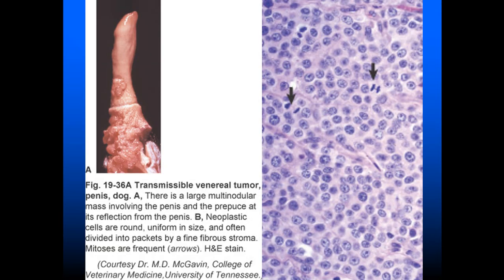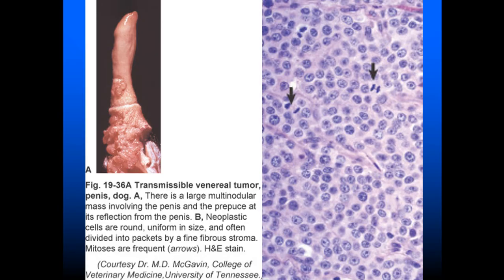Okay, next are common tumors also in dogs. You will find this case during the practice. This is a case of transmissible venereal tumors in dogs. TVT is a unique tumor that can easily spread to other dogs by just touching.